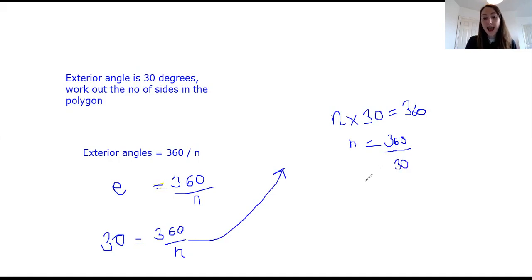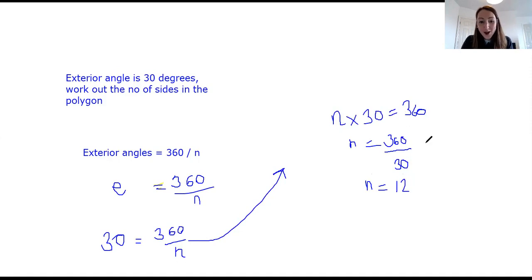So then we get our n equals 360 divided by 30. And if we do that, get your calculator out, 360 divided by 30, that gives us 12. And so then the number of sides in the polygon is 12.